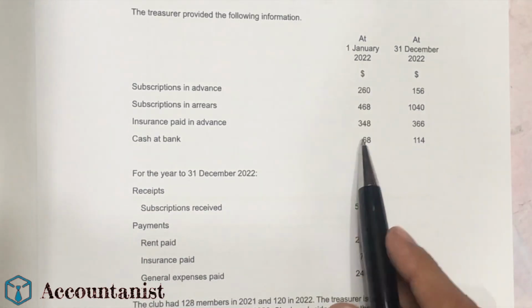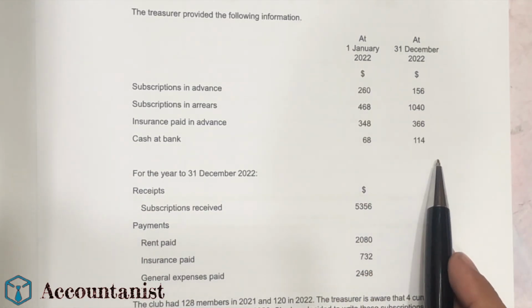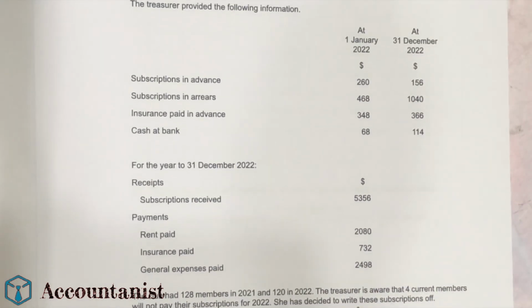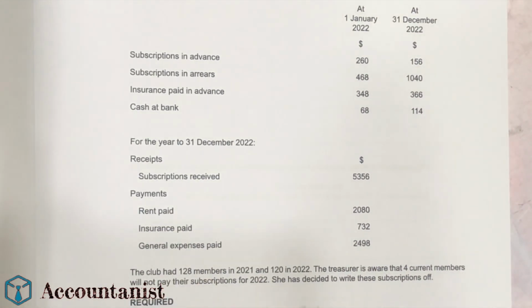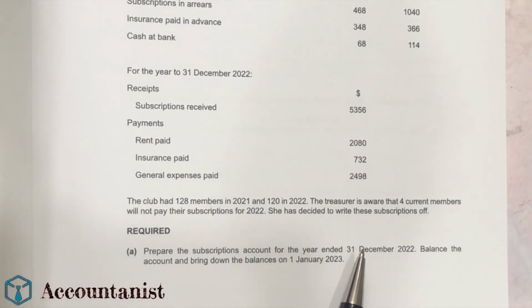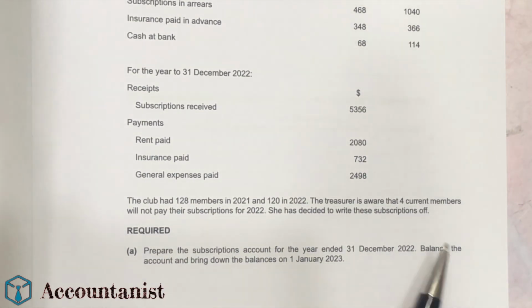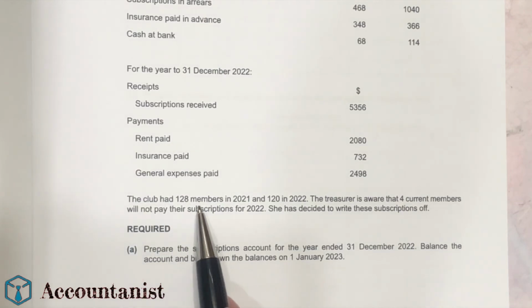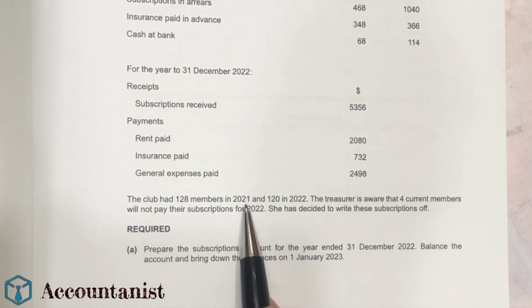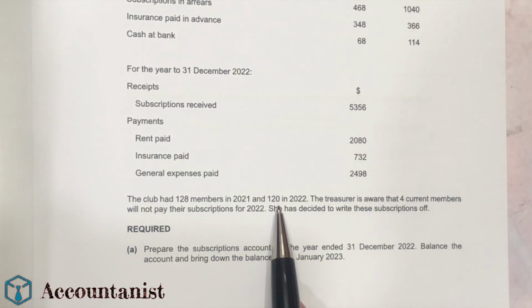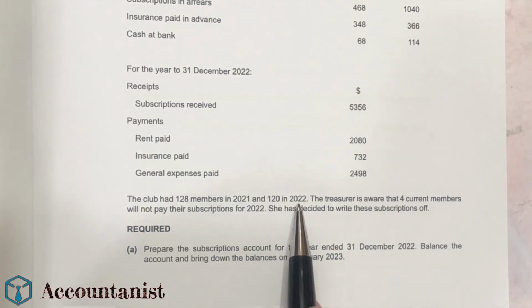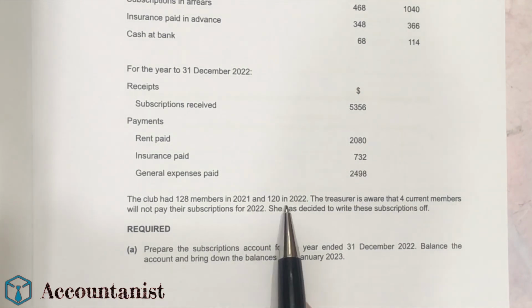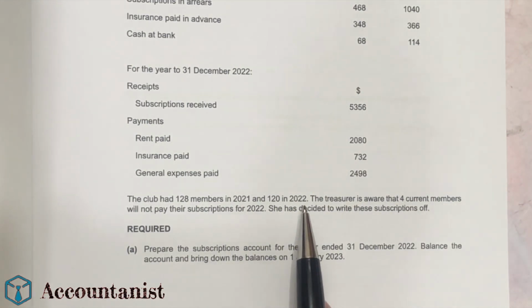So we have some opening balances and closing balances, subscription in advance and arrears. We also have some receipts and payment balances. So at the end we have some information. It says the club had 128 members in 2021 and 120 in 2022.